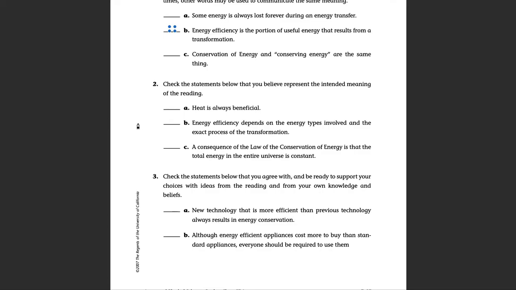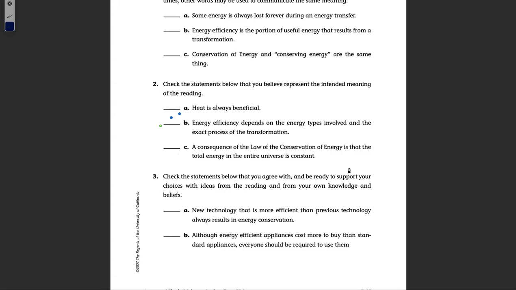So the efficiency of our roller coasters depends on how we build our roller coaster, the types of energies that are used in the roller coaster, and how we go about constructing that roller coaster, and then the process of the energy transformation that is happening, like from gravitational potential to kinetic, and then that kinetic also a little bit of thermal and sound. So Statement B would be correct for us, so check off on that.